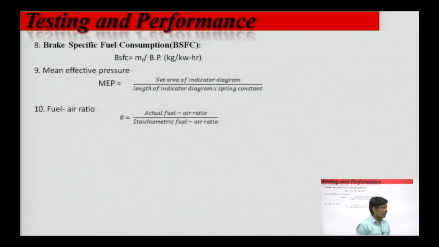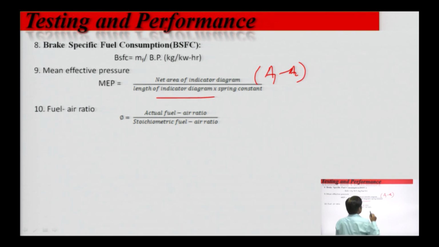Mean effective pressure is formulated as the net area of the indicator diagram in the PV representation, pressure volume variation. The net area, which I have shown you, is A1 minus A2, upon the length of the indicator diagram, and the spring constant is also given for the instrument.